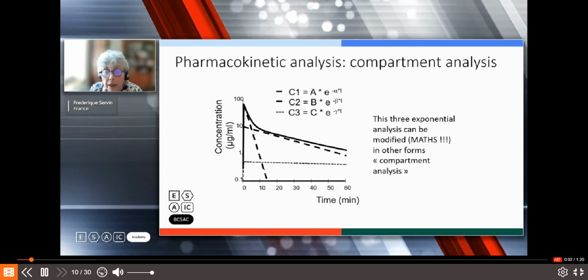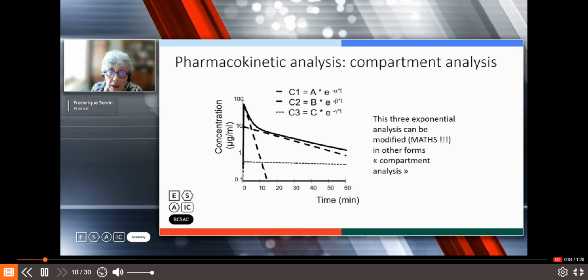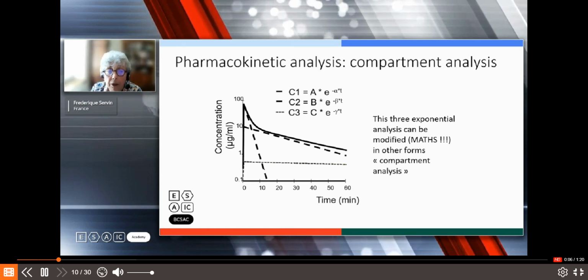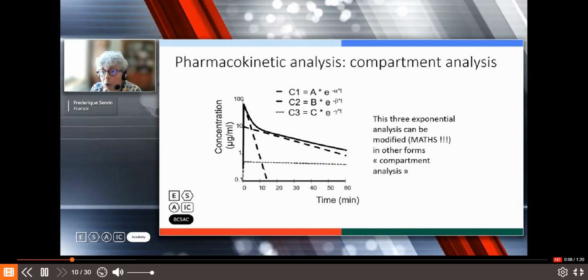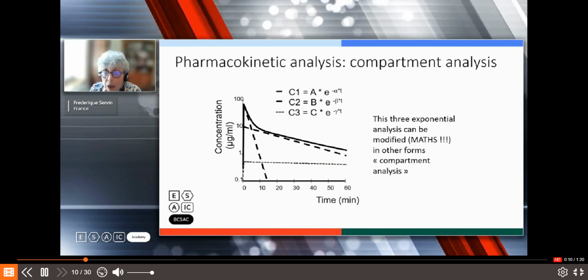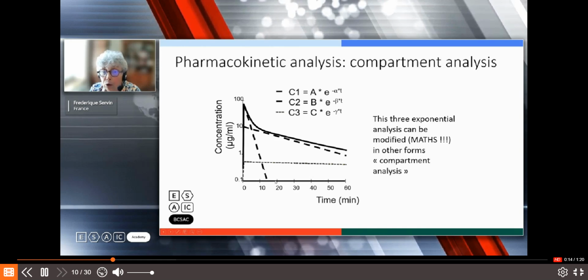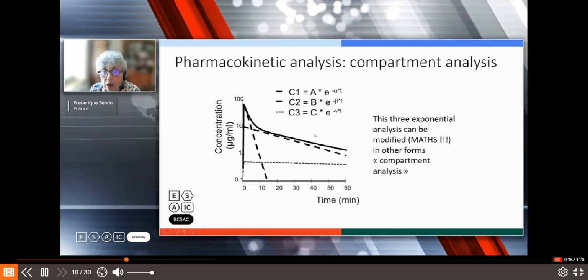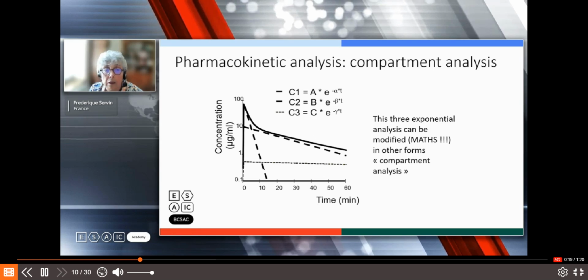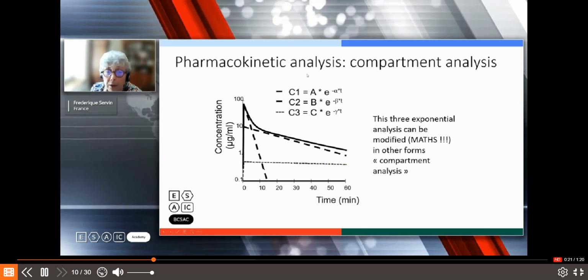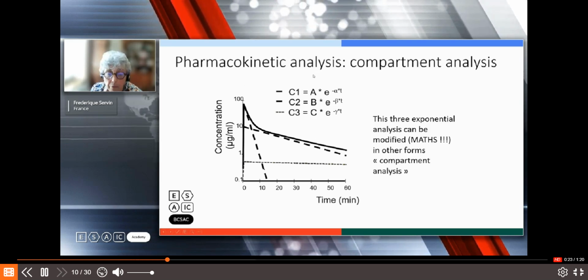One of the main interests of pharmacokinetics in anesthesia is to define the time course of action of a drug. And the first step is to define the evolution of the concentration by pharmacokinetic analysis.